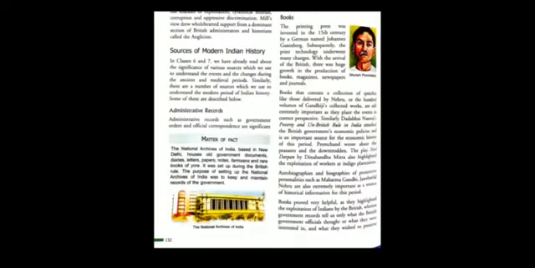Now let's talk about our last topic, sources of modern Indian history. There are a number of sources which we can use to understand the modern period of Indian history. I will tell you in brief about the sources.